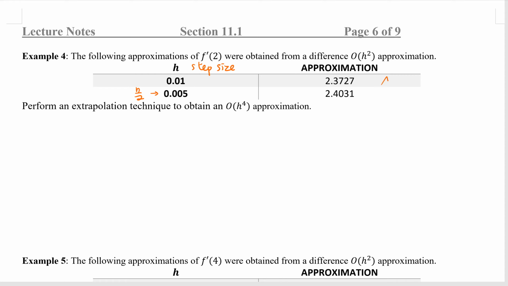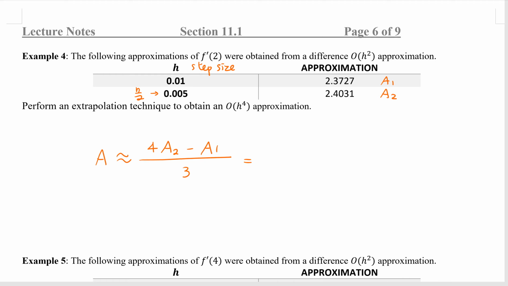Then what does that mean? h corresponds to the approximation A1. h over 2 corresponds to the approximation A2. Then the extrapolation method tells us that A is approximately equal to 4 times A2 minus A1 over 3.